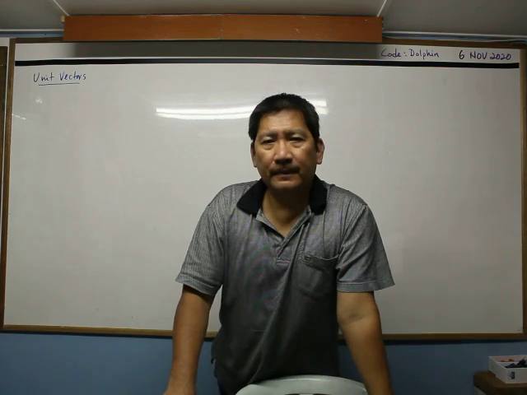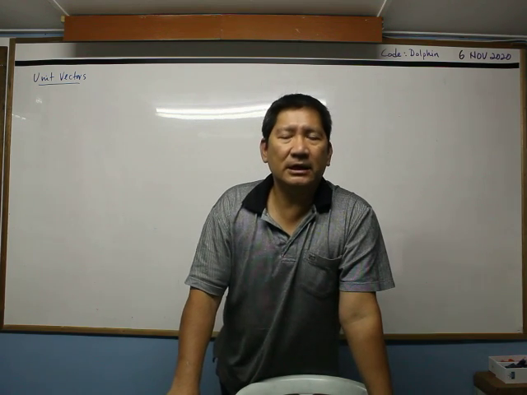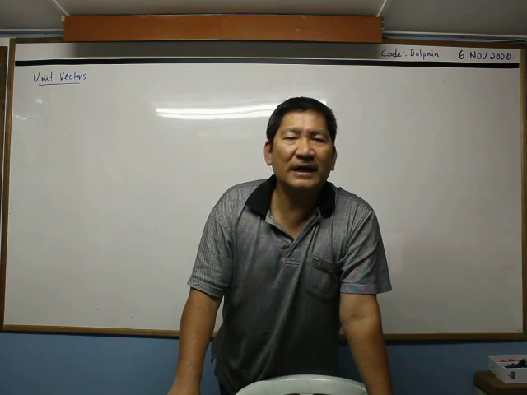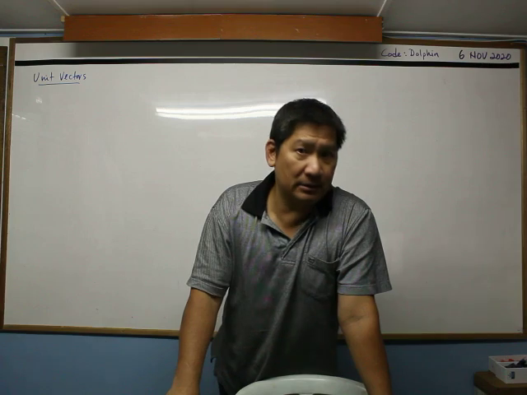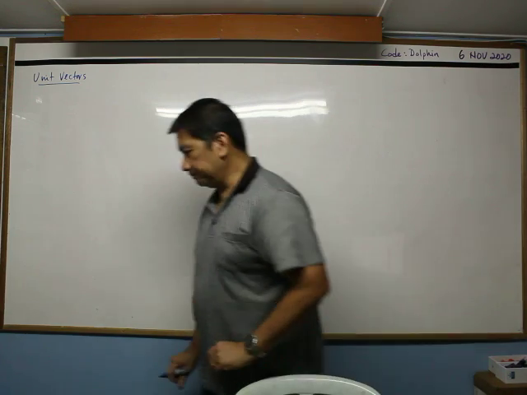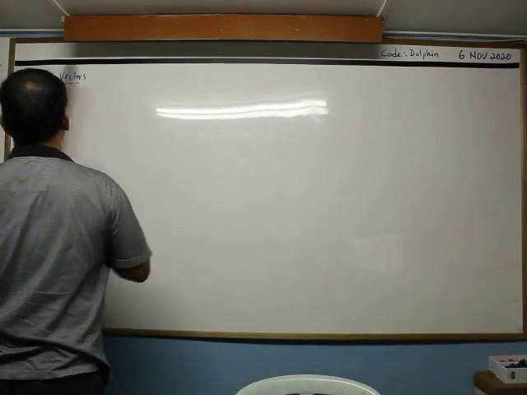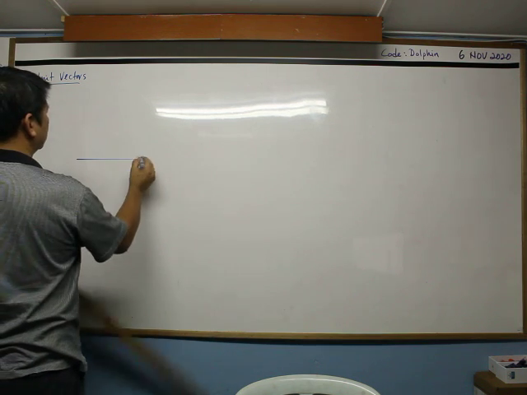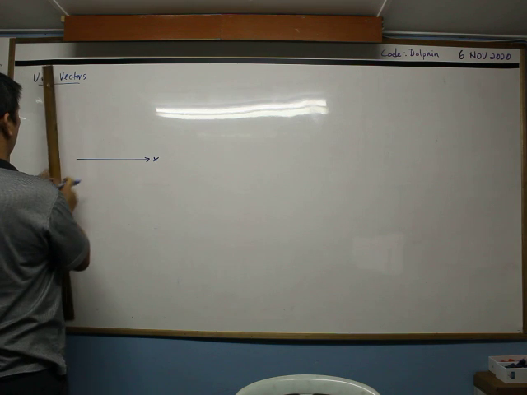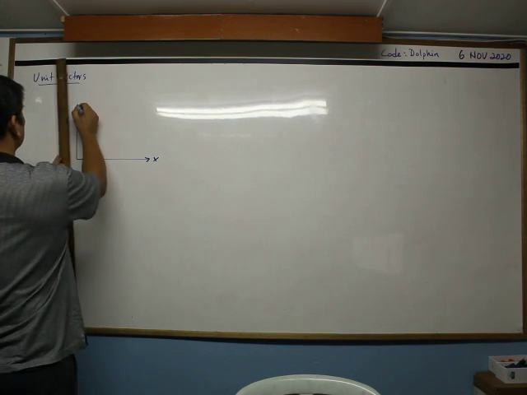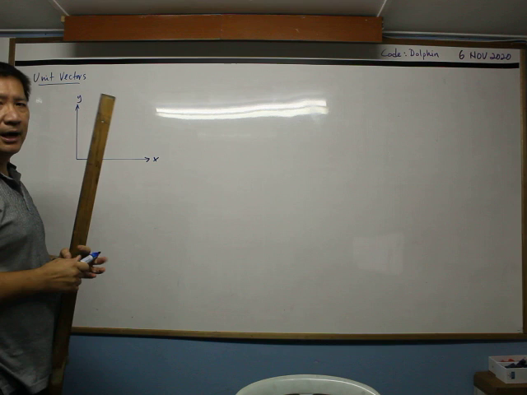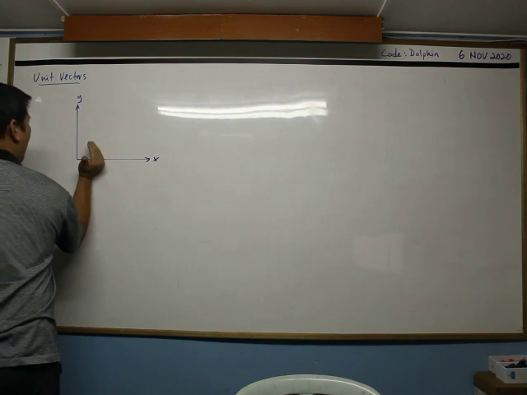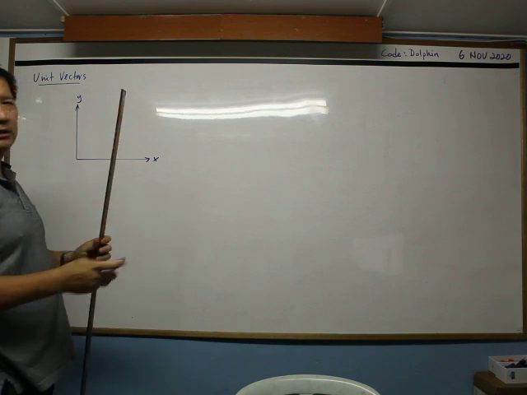So unit vector is a convenient way to represent a vector in that Cartesian space. This is our Cartesian coordinate system. This is our x, this is our y. We are using the right hand coordinate system here. X move to y, your thumb points up, that's the direction of your z.